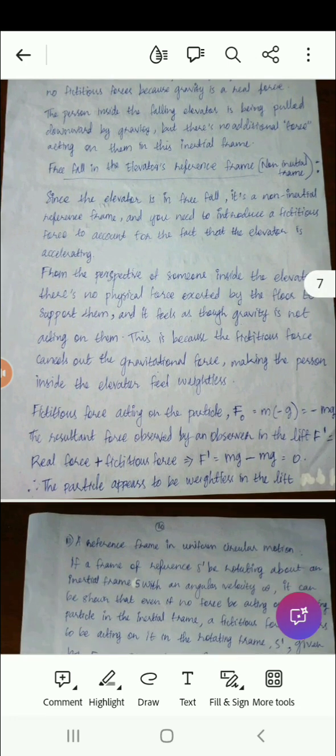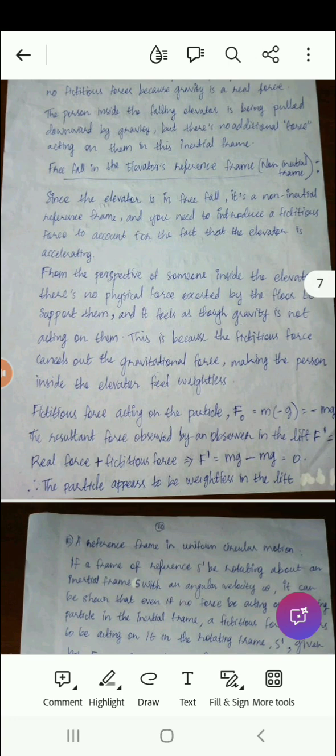But in the reference frame of someone inside the elevator, that is a non-inertial frame, we can say the elevator is in free fall. So it's a non-inertial reference frame because it is accelerating, and here the acceleration is the acceleration due to gravity.